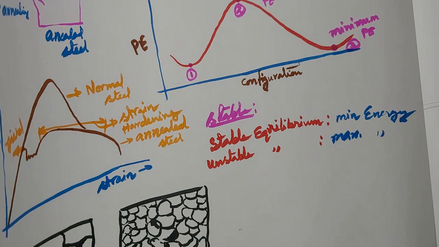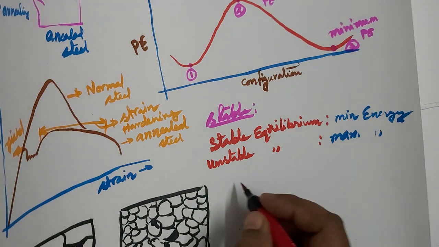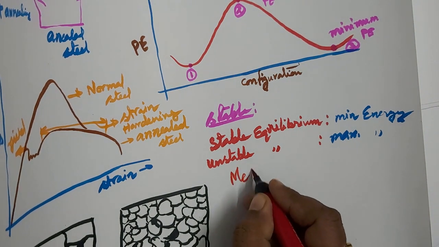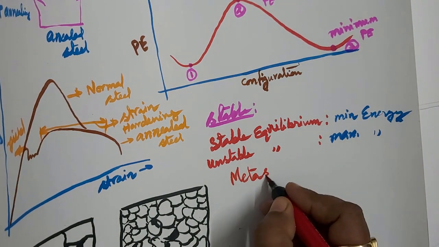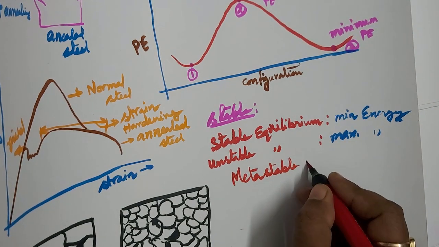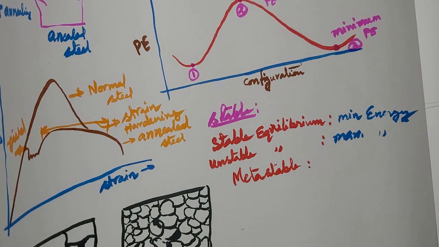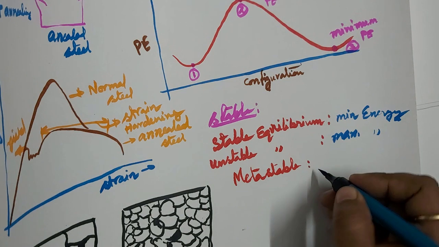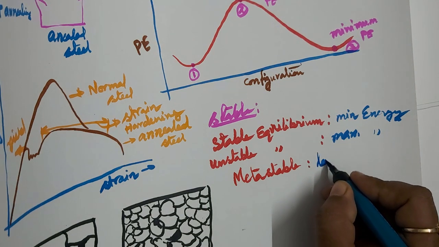Then we will come to metastable. Metastable means local minimum. I've already discussed local minimum and global minimum. So metastable means local minimum.